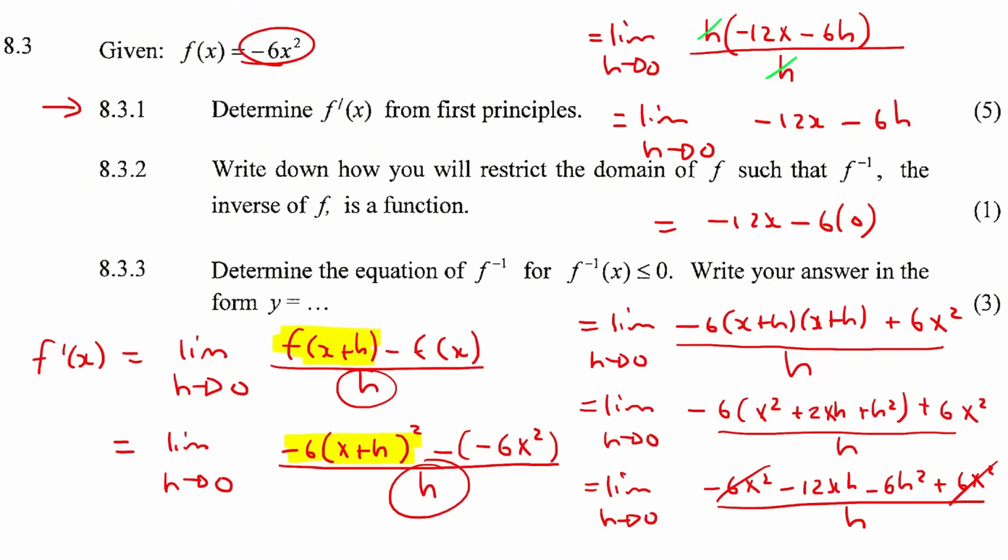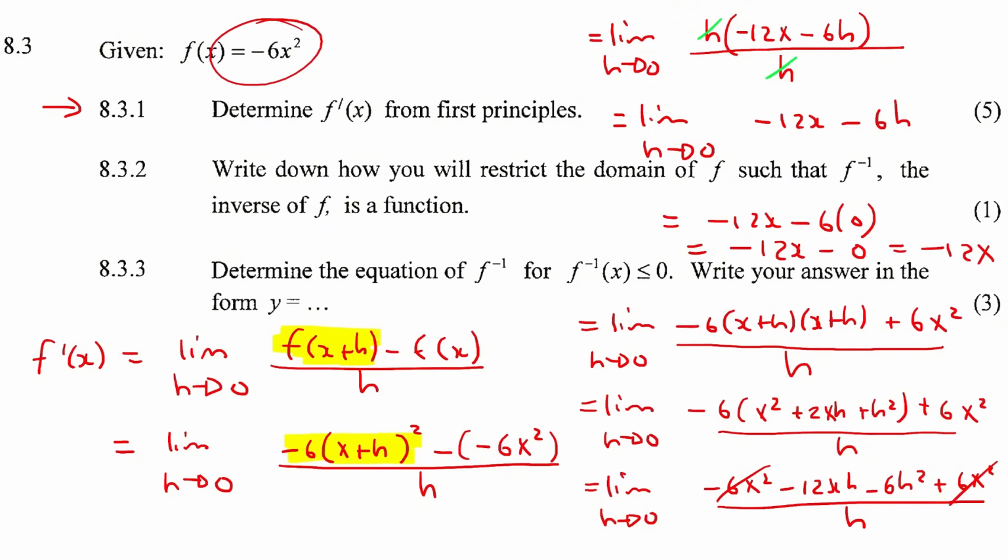Now that we've cancelled that h out, we no longer need to worry about that, and so we can now plug in h as 0. So because of that, you don't have to write the limit as h goes to 0, and you end up with -12x minus 0, and that's just going to be -12x. And that's exactly what we said the answer was supposed to be earlier when we did the normal method.